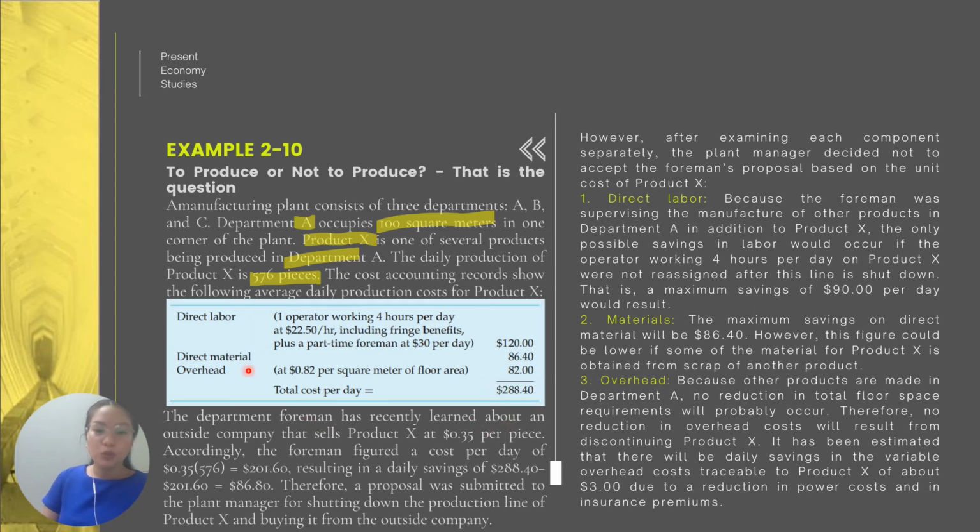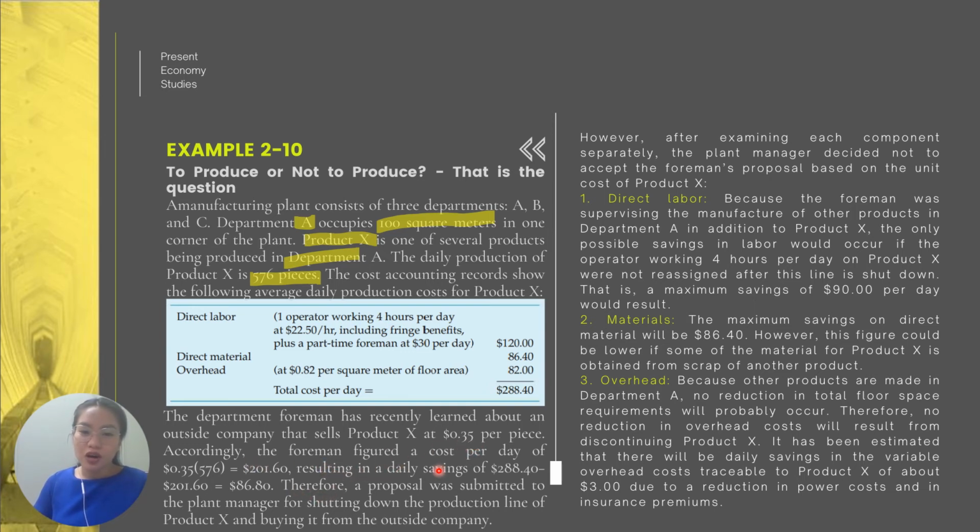Okay, let's move on. The department foreman has recently learned about an outside company nga gabaligya pud og product X at 0.35 per piece.